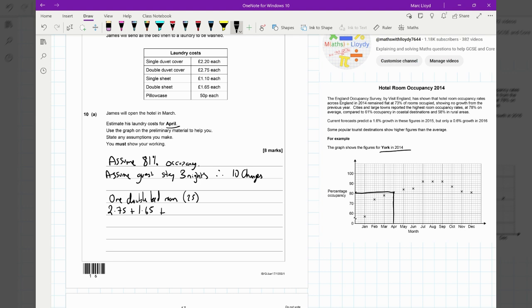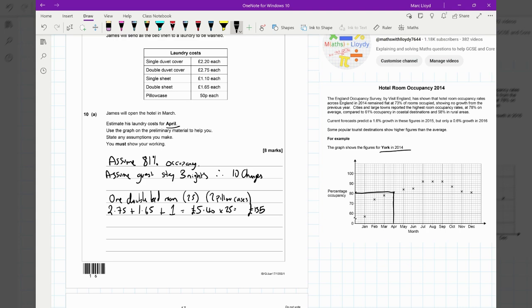I'm going to say they've only got one pillow, going to say 2 pillowcases, a pillow per person, whatever. 2 pillowcases per room. So that's going to be £1. So 2.75 plus 1.65 plus 1, that's £5.40. Times it by 25, that's £135.